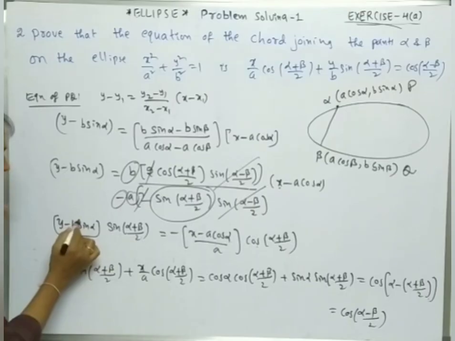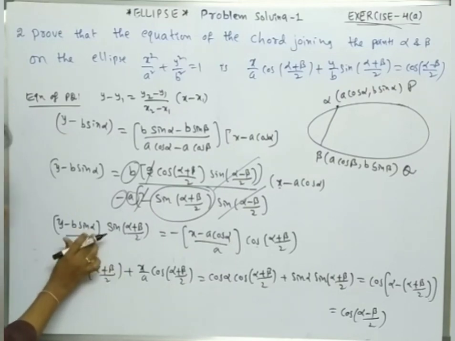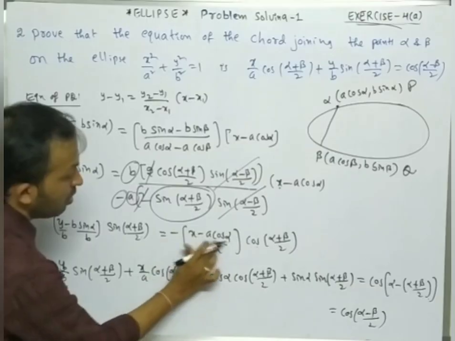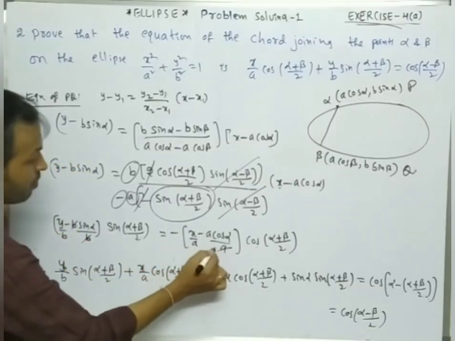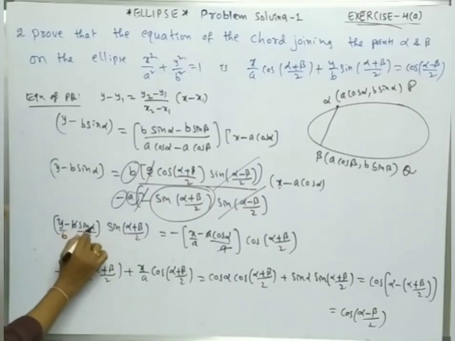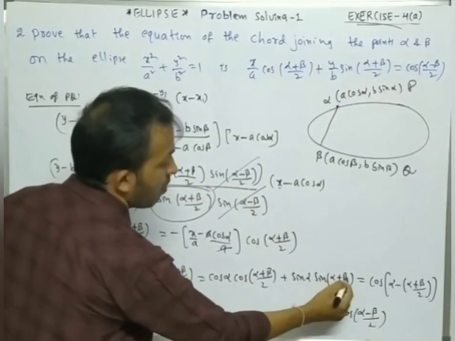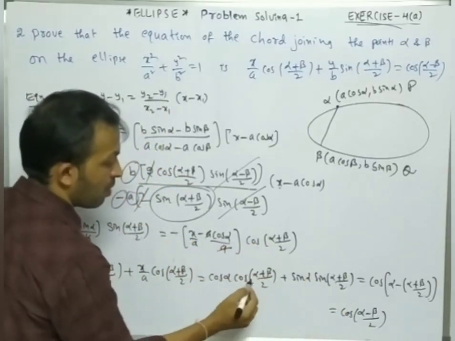One more term, b minus b sin alpha by b, x by a, b cancel. So minus sin alpha into sin of alpha plus beta by 2, bring to that side, minus into minus plus cos alpha into cos alpha plus beta by 2.